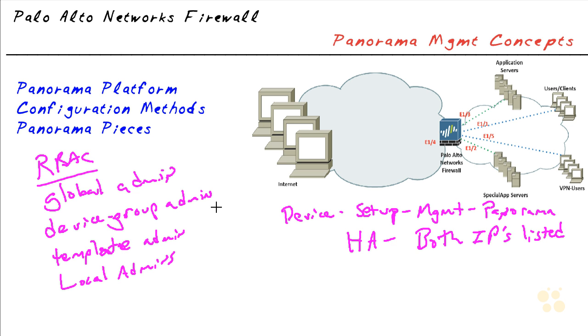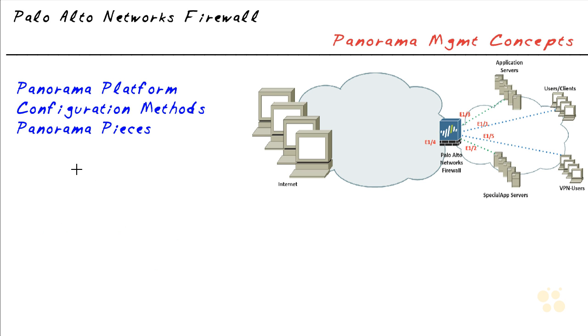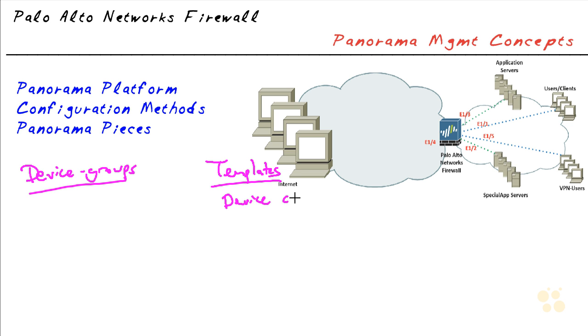Now, configurations that are pushed out are comprised of both templates and groups. So I'm going to blip this off here a minute. I have both device groups first, and I'll list more things under that, and templates. Now, the different pieces that we have in here: my templates are going to be more for device config and network config.